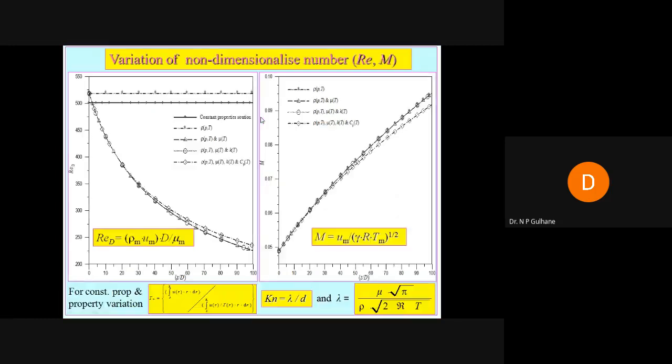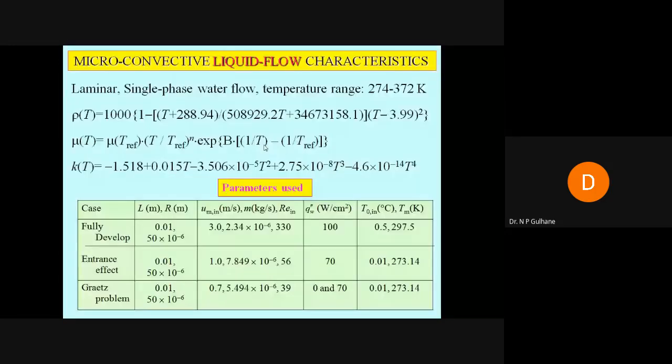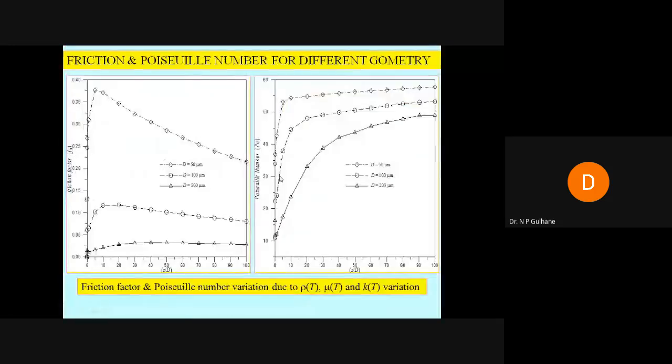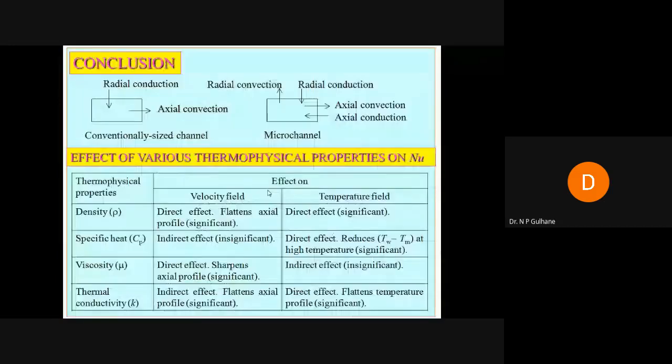And in that way, I will skip all the studies, and then I will come to this slide. We have one more study, liquid flow. Gas flow we have studied earlier, compressible flow. We are not going into the incompressible liquid flow, so I am skipping this. And one more study, that is the Graetz problem.